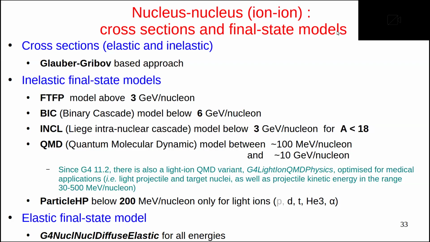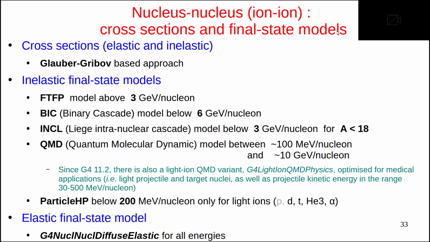If you specify true as the argument in the constructor, then you use this light QMD. So at the moment you use one or the other, and there is this possibility when you call shielding to specify whether it's the original QMD or the light QMD.